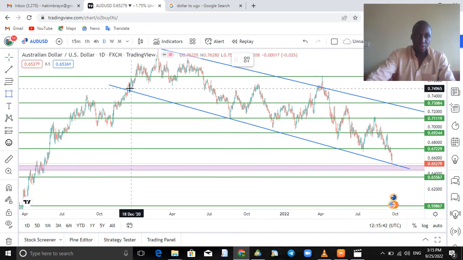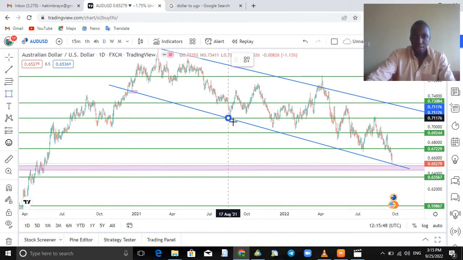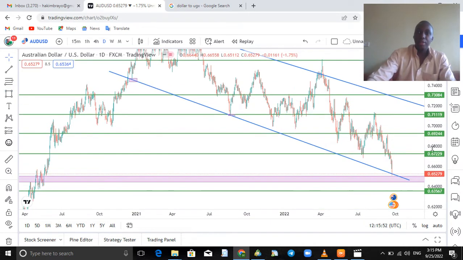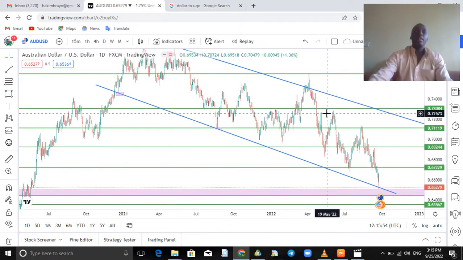Now let me also highlight these touches. That is our first touch, and this is our second touch. These touches represent either sellers jumping in the market or buyers jumping in the market.